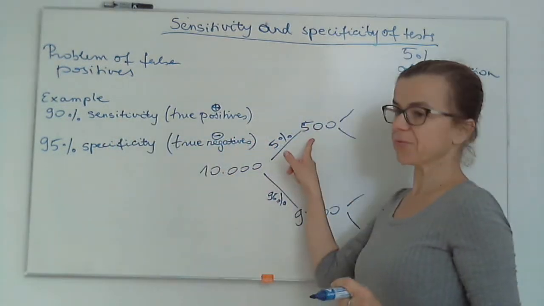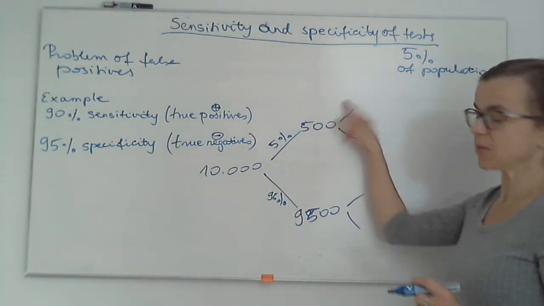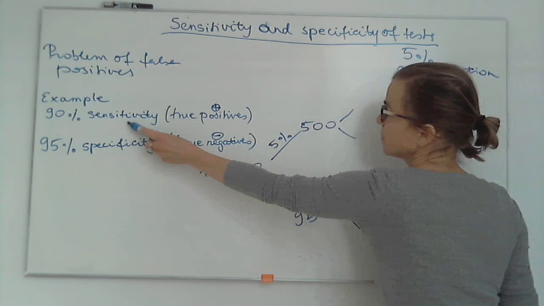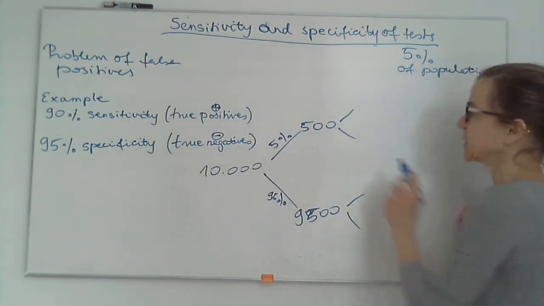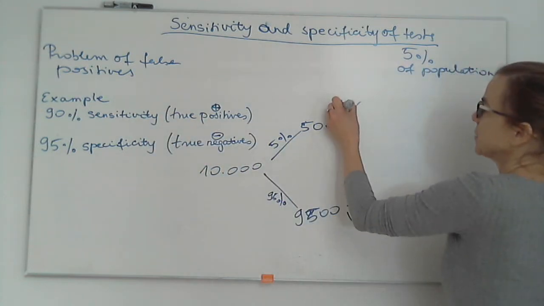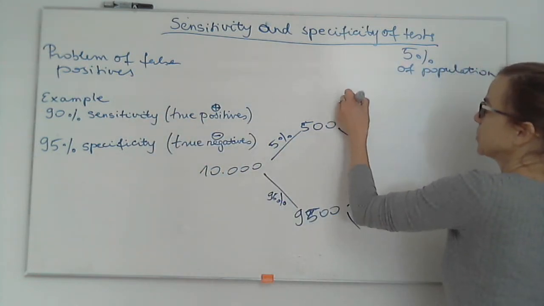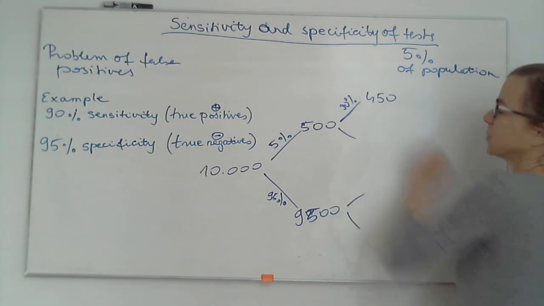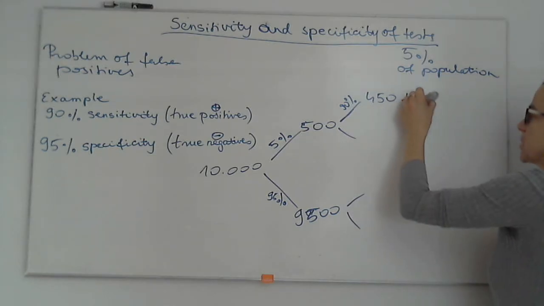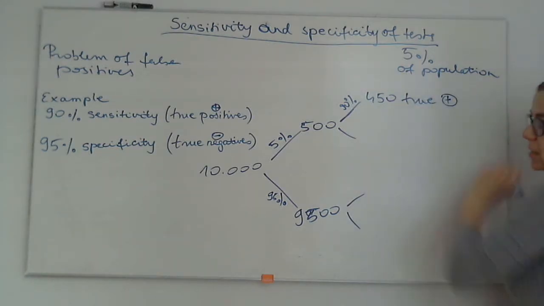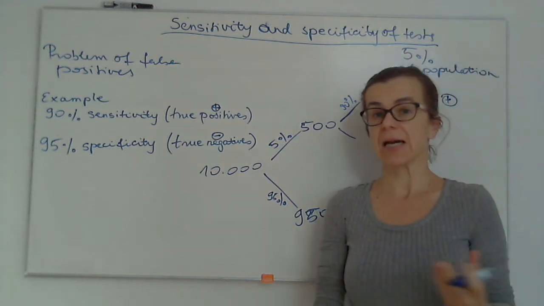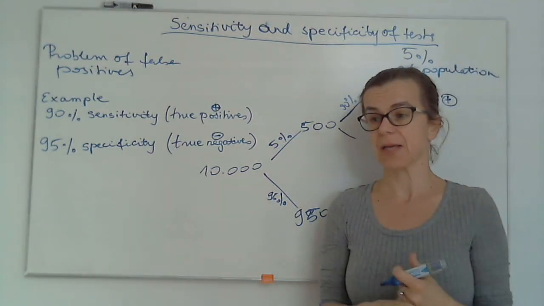Okay, and then we test all of these people with this test, and we know that 90% of those who are infected actually will end up with a positive result, because of the sensitivity. So 90% is 450 people, and they are going to be true positives, meaning their test is positive and they are indeed affected by the illness.